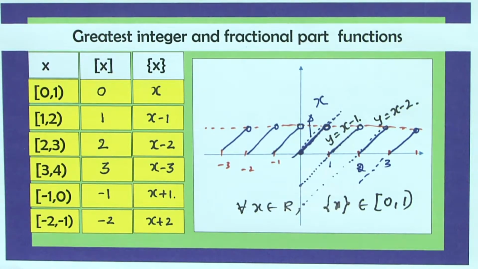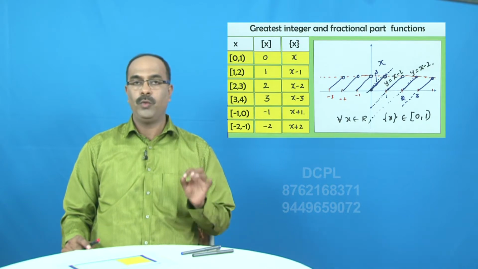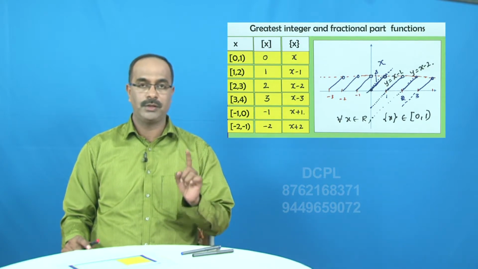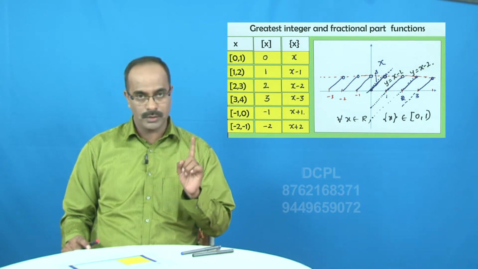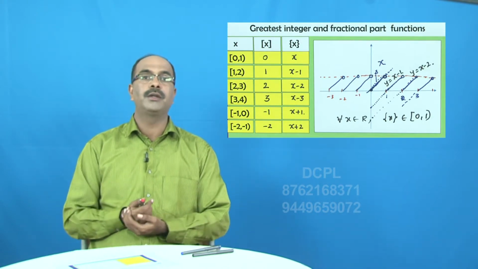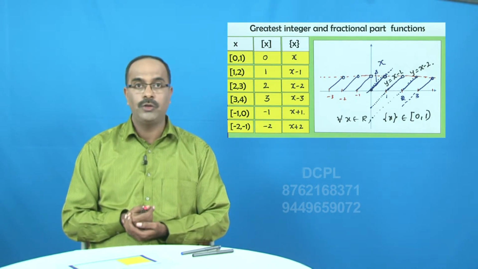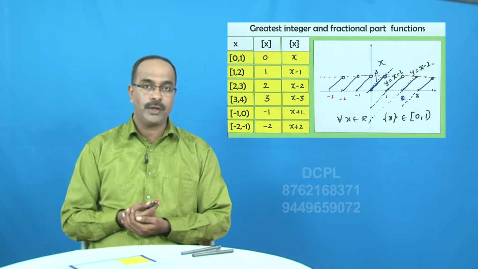Can we say something about domain and range here, dear students? What is domain and range of the function y is equal to fractional part of x? Least value is 0, maximum value is 1. So the range should be between 0 and 1. Whereas domain means you can give any value for x here.